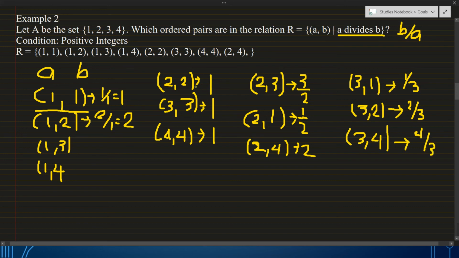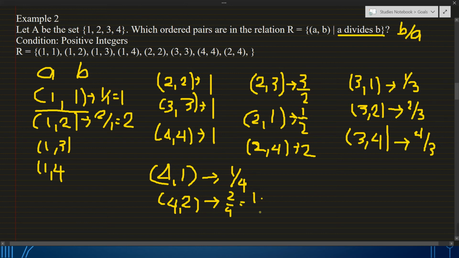So let's look at when a is 4. (4, 1)? No, because the quotient is 1 over 4. Next, (4, 2)? No, also because the quotient is 2 over 4 or one half. Next, (4, 3): can this be included? No, because the quotient is 3 over 4.